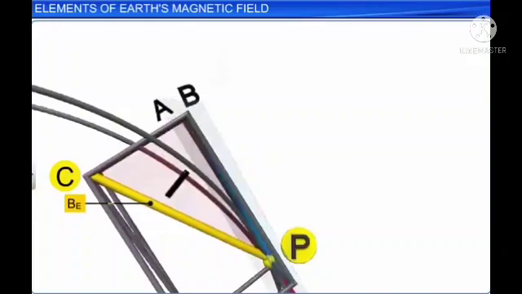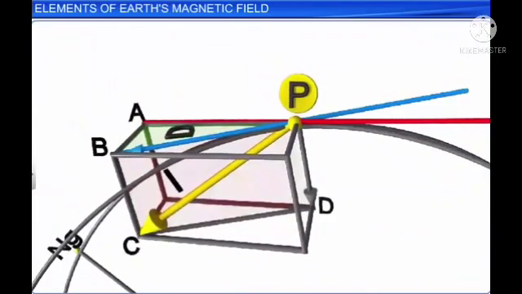Instead, we can draw a two-dimensional view of the essential elements to determine the Earth's total magnetic field. Take only the plane represented by PBCD in the three-dimensional view and draw a two-dimensional view of triangle PBC.